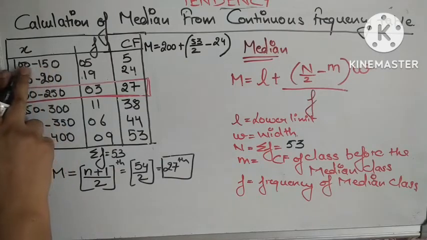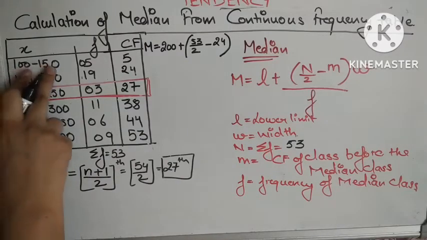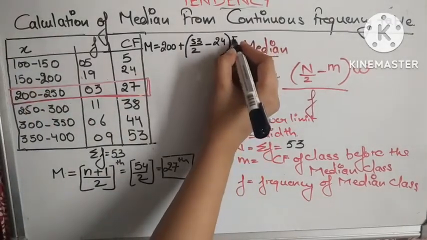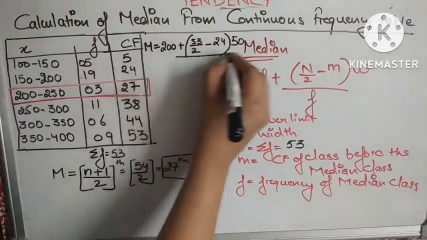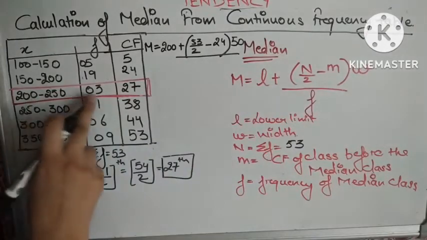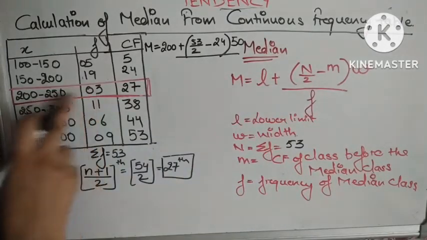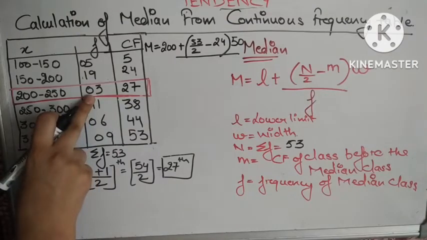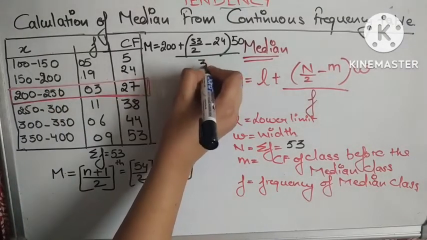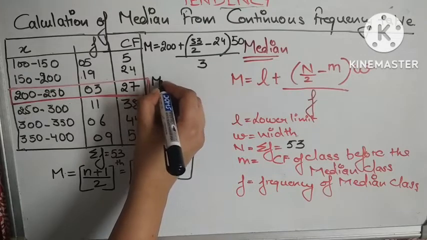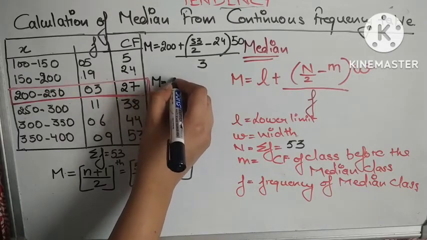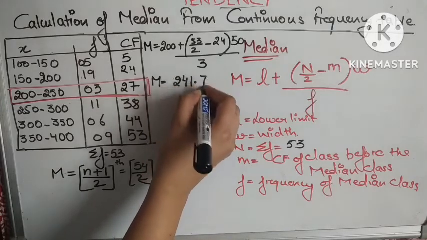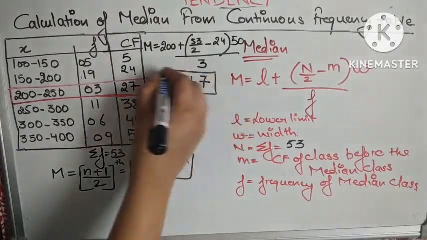That is the range, 150 minus 100, so the width is 50. So you put 50 here, and the frequency of the class in which the median lies is 3. So here your median will come out as 241.7. This is the median.